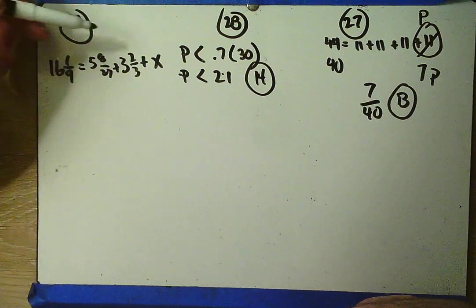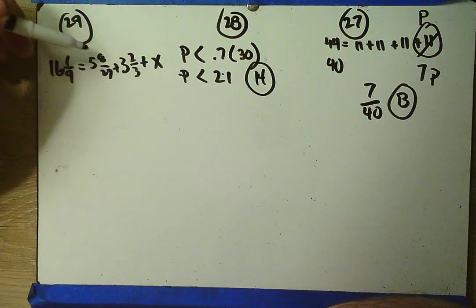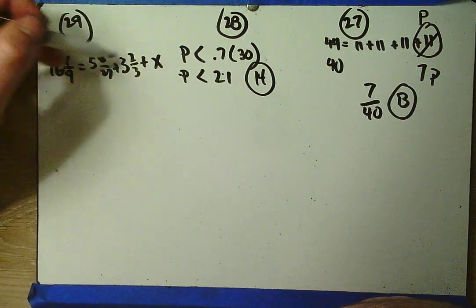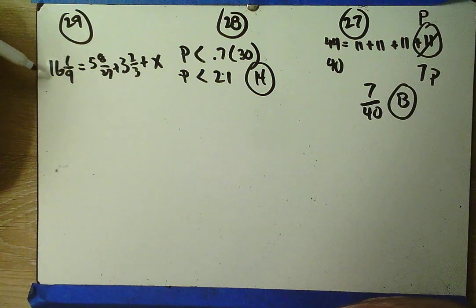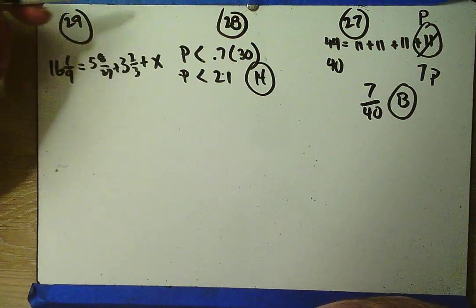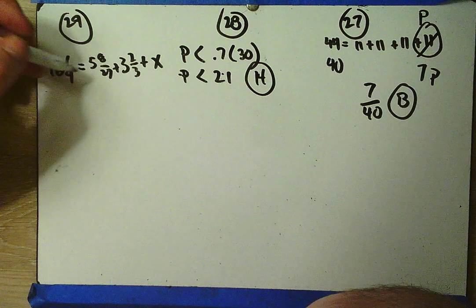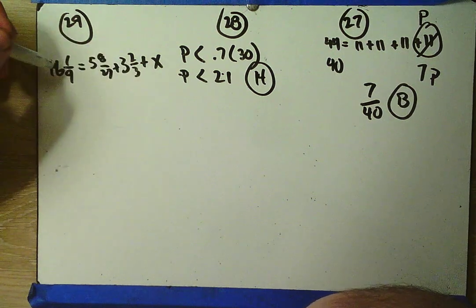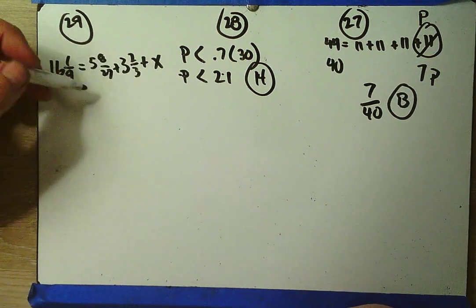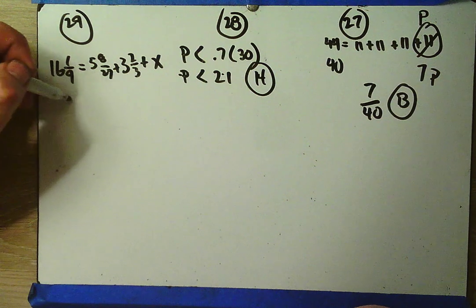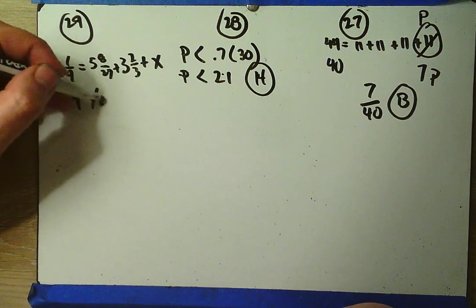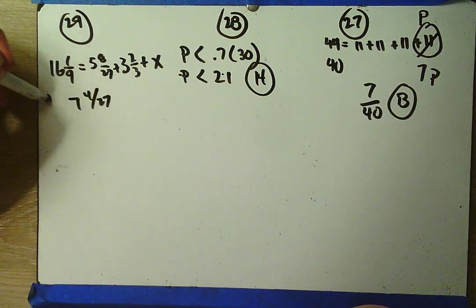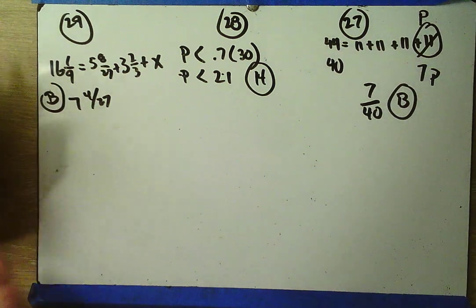Well, with a calculator, we could just add these, subtract them from 16 1/9 to get x by itself. I didn't have a calculator, so I had to make a common denominator here. I ended up with 7 4/27 when I was done, and that turned out to be choice B.